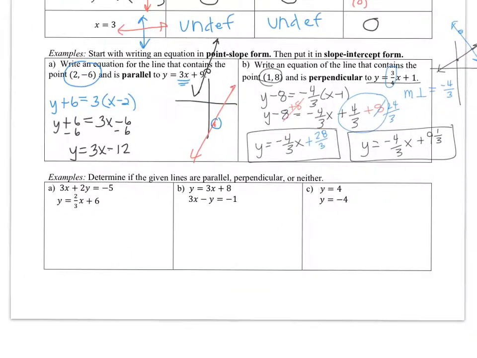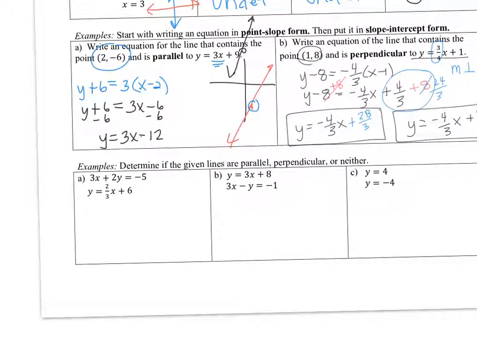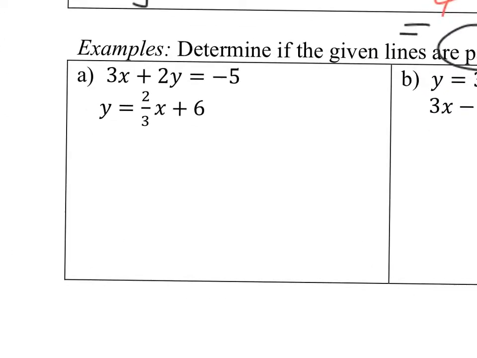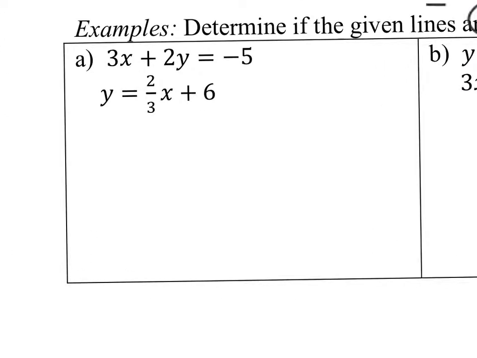Okay, on the second part, or last part, determine if the lines are parallel, so that means their slopes are equal, perpendicular, that means their slopes are opposite reciprocals, or neither means that it's not the case for either of them. So what you need to do is, we need to figure out what their slopes are. So I always write in slope-intercept form to figure out what the slopes are.